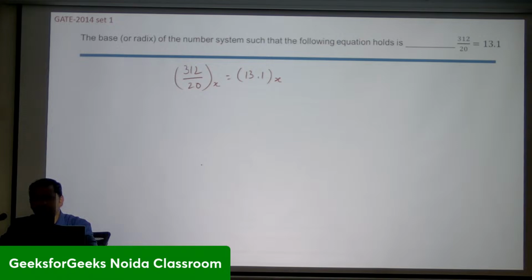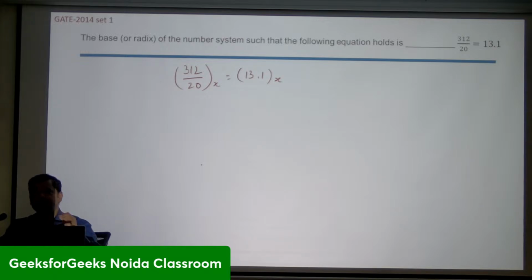Even we cannot multiply 20 with 13.1, because we don't know after multiplication how much value is going to be shifted as carry, which is overflowing. The carry term we don't know, as the base is unknown. In that particular case we cannot easily solve it by simply dividing or multiplying.